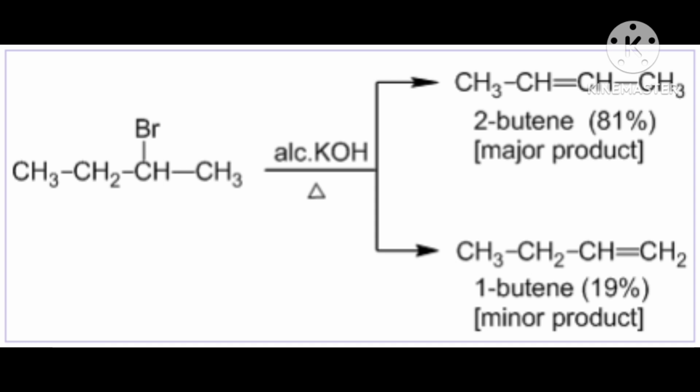Total 5 carbons are there, and at carbon number 2 the double bond is there, between 2 and 3. But now it is 81%. Okay, this is the major product, 81%, pent-2-ene.